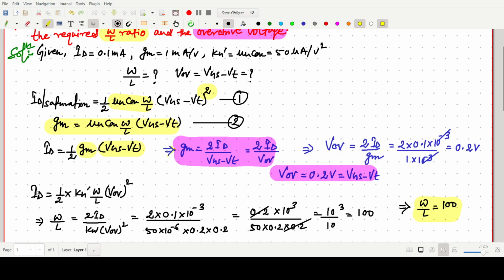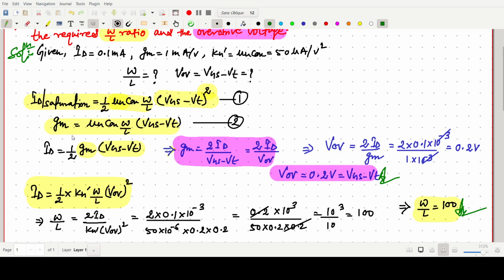We have written the formula for W by L: the drain current is 1 by 2 Kn' (W by L) VOV square. Now VOV is known to us, so by using these two expressions we can solve. This is a very simple problem, but we have to remember the drain current equation and the transconductance parameter, everything.